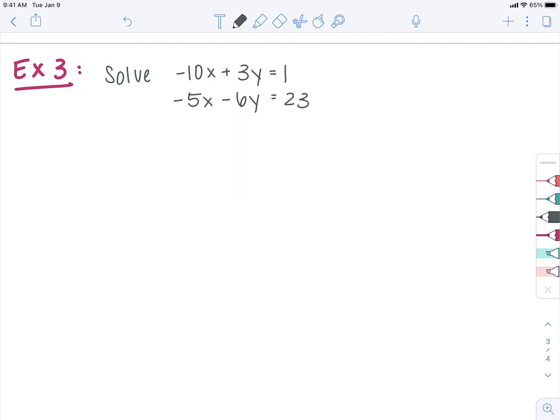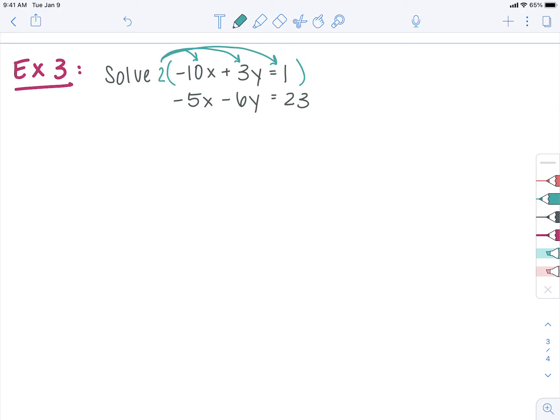So I want to multiply my top equation by 2, because if I multiply it by 2, 3 times 2 gives me 6, and then I would have a 6 and a negative 6 for my y's, and they would cancel out. So when I multiply by 2, I have to multiply every single term by 2.